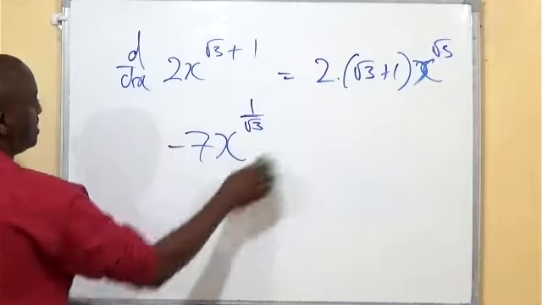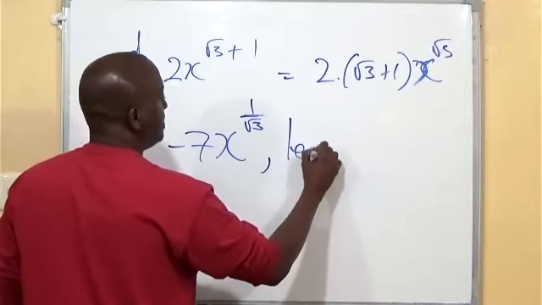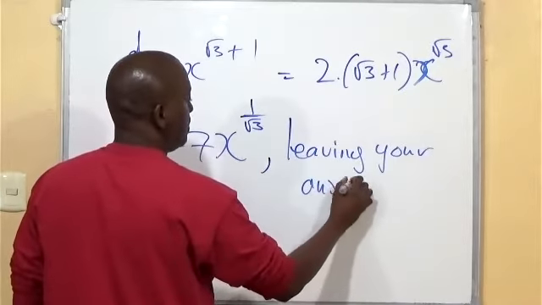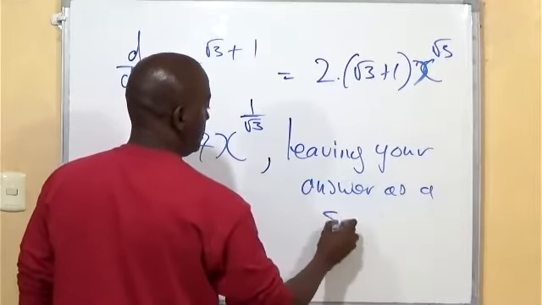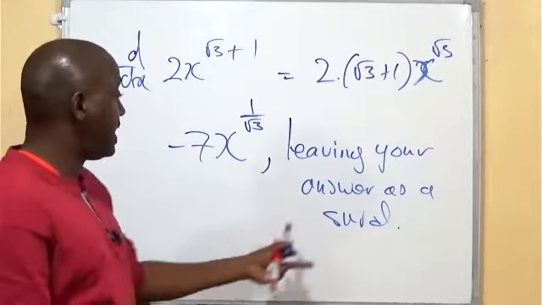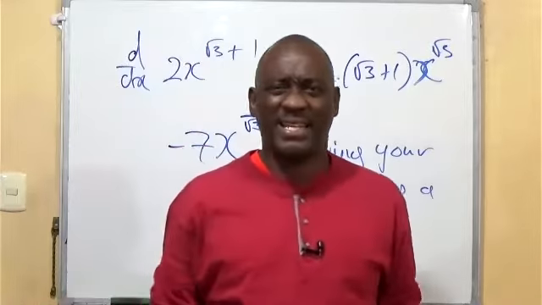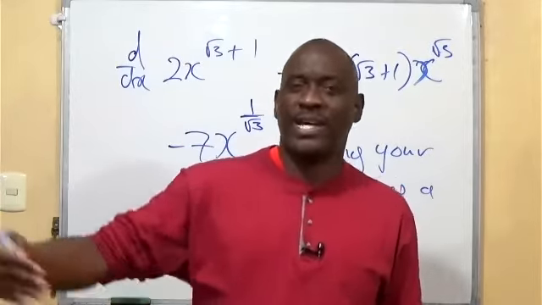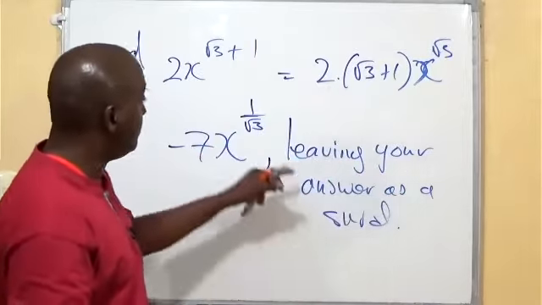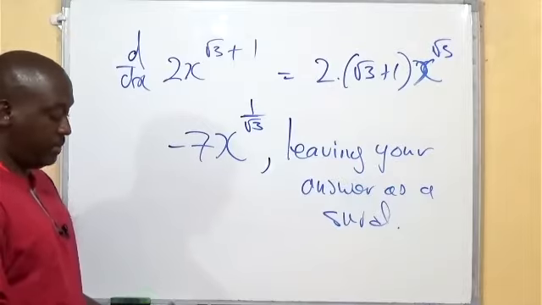Suppose they say find the differential of this, leaving your answer as a surd. That is the kind of thing I want to talk to you about. We're not going to stop at x squared, x cubed and x to the minus 3. We're going a little beyond, so that if something happens and you get something like this, which is quite possible, you can function.